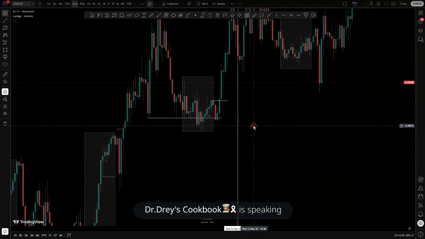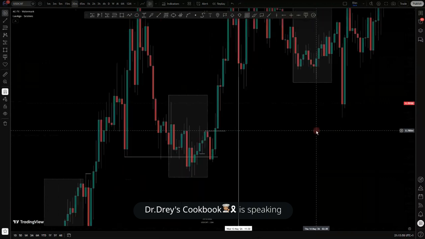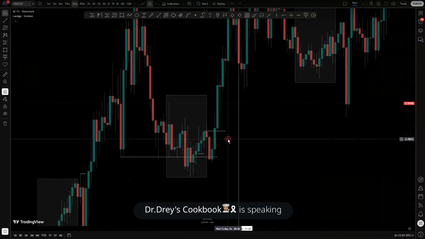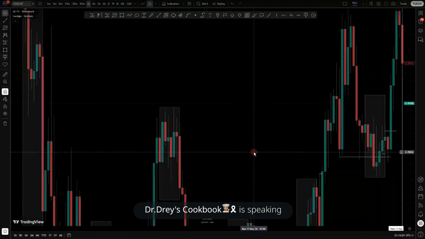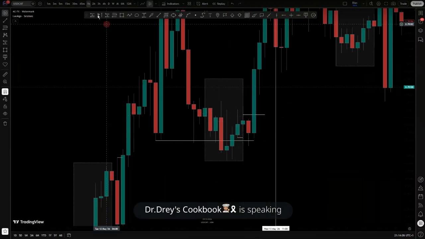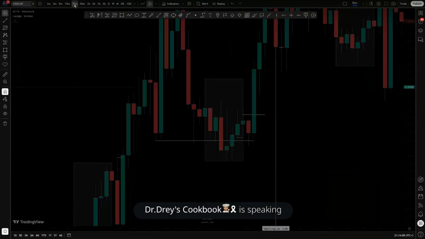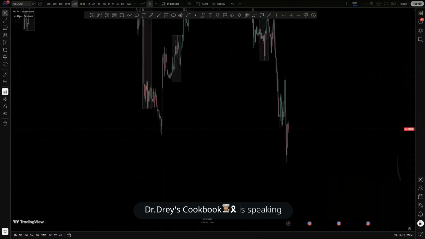But I trust the system. It has worked more times than it has failed. So I'll still stick to it. This was the level I was expecting to continue the buys from, but as you can see, I'll show you the entry I had. I entered directly up to that level.